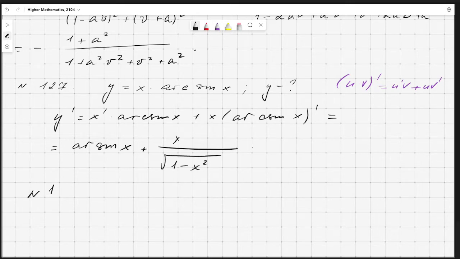Next, 129. F of x equals arcsine of square root of sine of x.